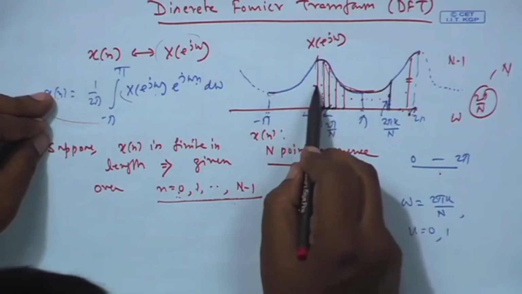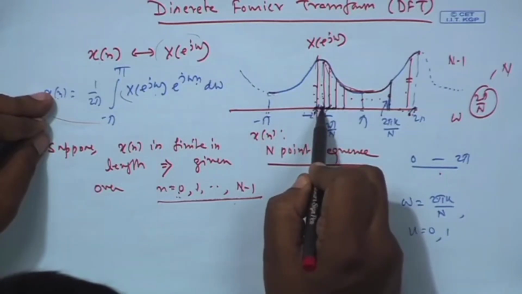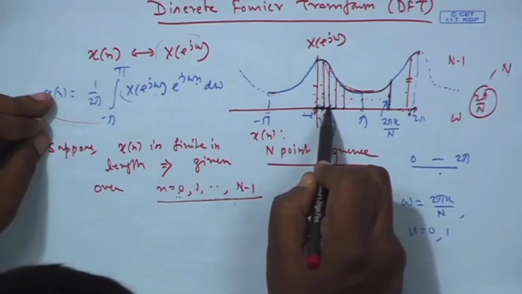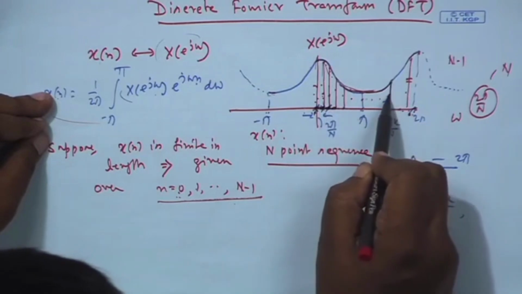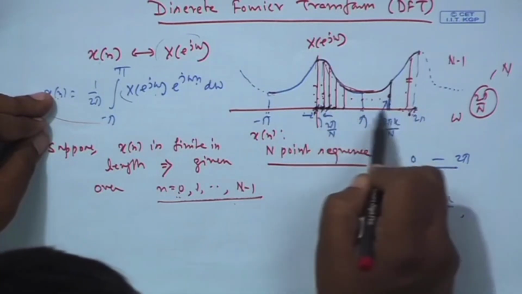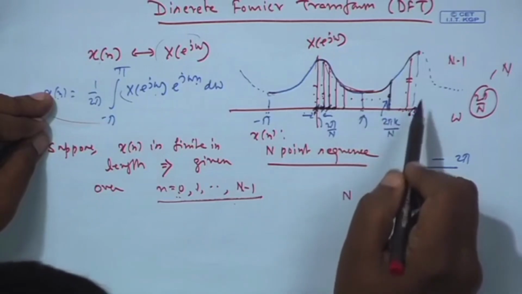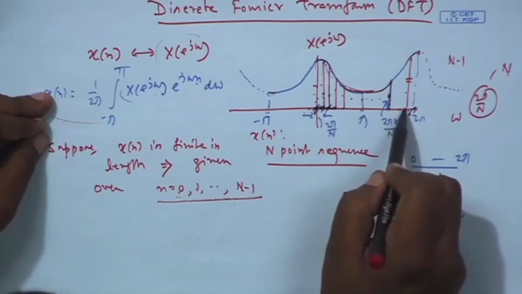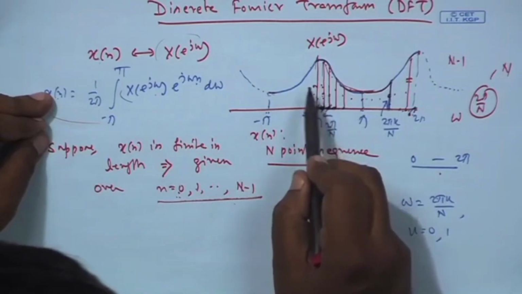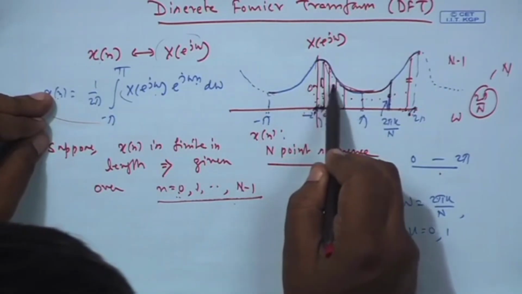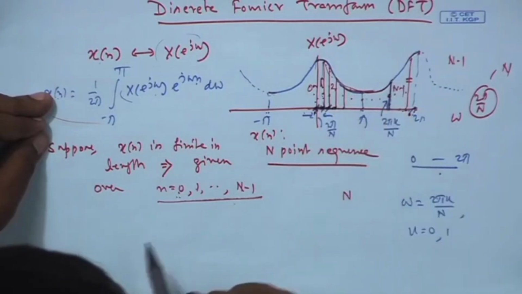Understand? I repeat again. 0th sample, you go ahead 2 pi by N. First sample, you go ahead further, 2 into 2 pi by N. Second sample, you go ahead further, 3 into 2 pi by N. Then for the N minus 1th sample, you cover this entire zone, N into 2 pi by N, that is 2 pi. That is why if you count, it will be N minus 1. 0th, first, second sample, dot dot dot, N minus 1th sample.